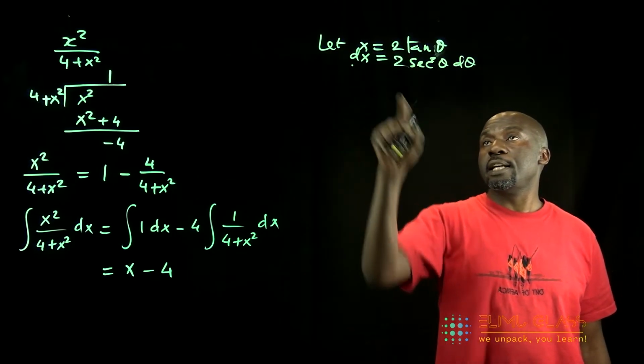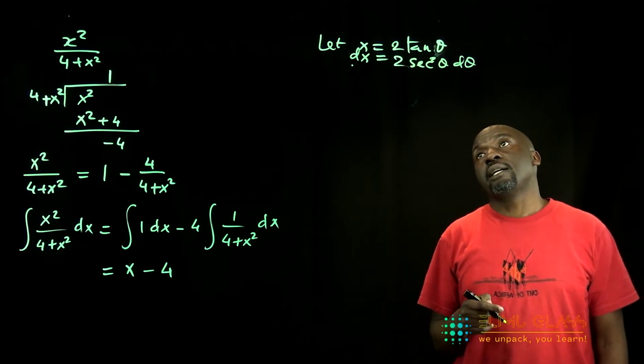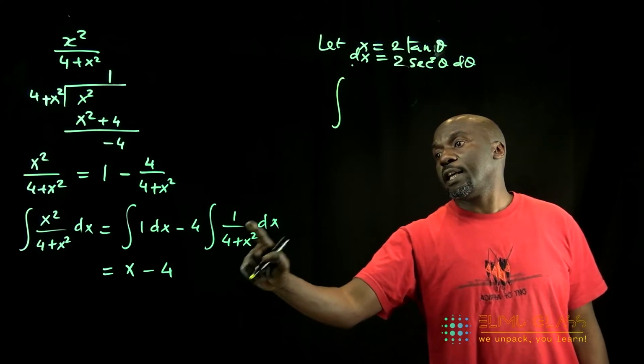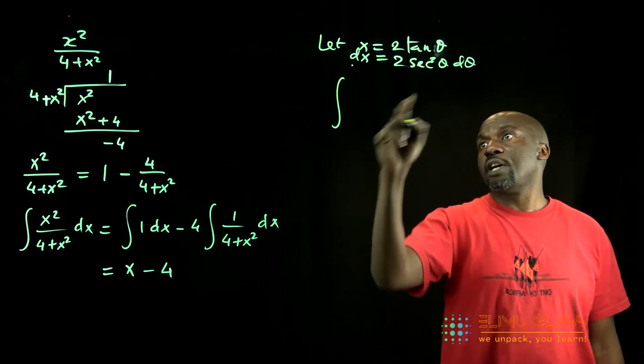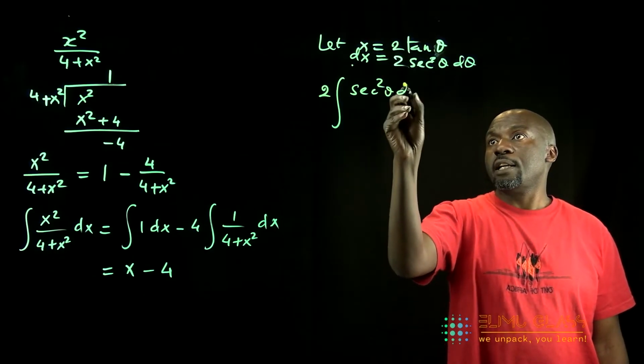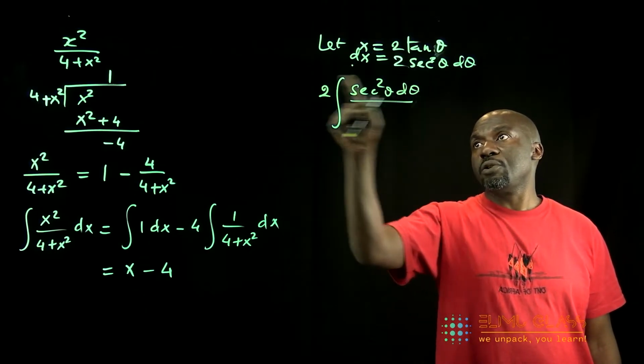So dx is 2 sec squared theta d theta. And so in my integral, where there is dx, I remove it and put 2 sec squared theta d theta. I'm taking the 2 out.